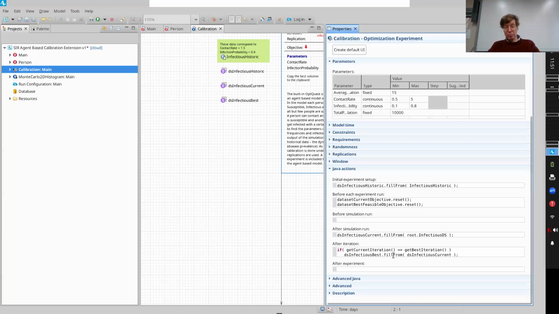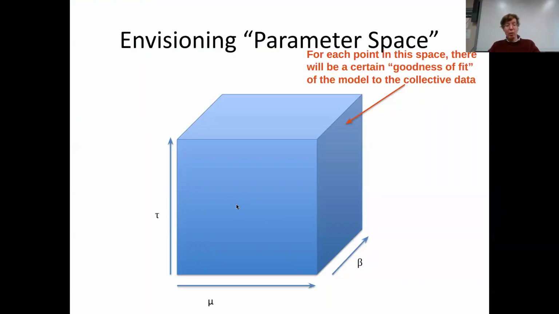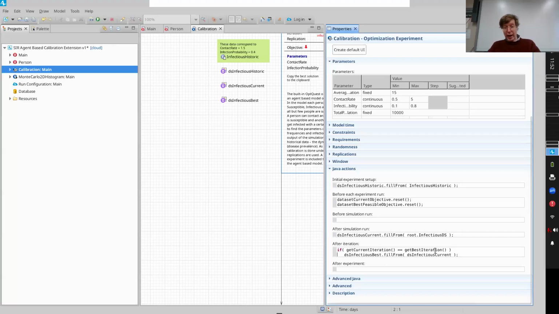So this is something which goes on once we have run all realizations associated with a particular set of parameter values.